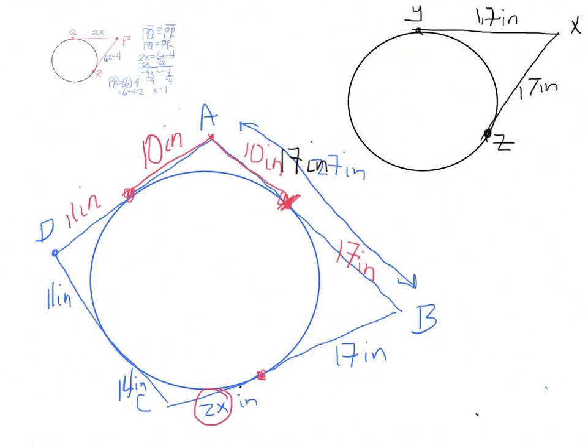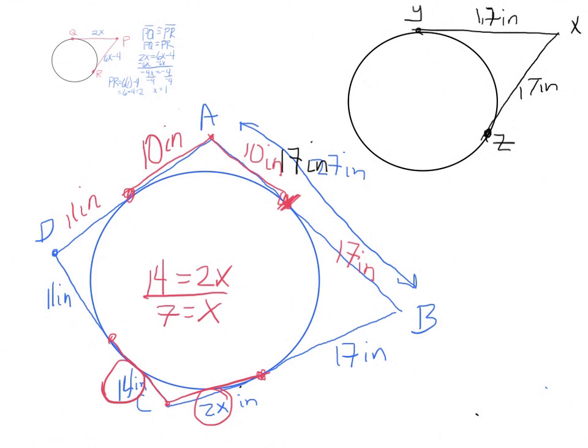X is this piece here, but it corresponds, because they're from the same point, two tangents. And so therefore I get a little equation, 14 equals 2x, which gives me 7 is equal to x.